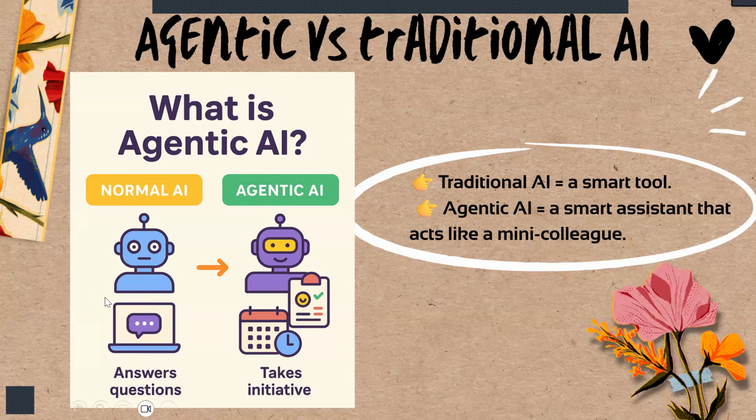Right. So now, in simple words, normal AI can answer the questions. But Agentic AI doesn't just answer the question. It itself takes the initiative and executes a plan. That is nothing but Agentic AI. It operates autonomously so that it can make decisions and pursue goals that are asked of it by a human being.